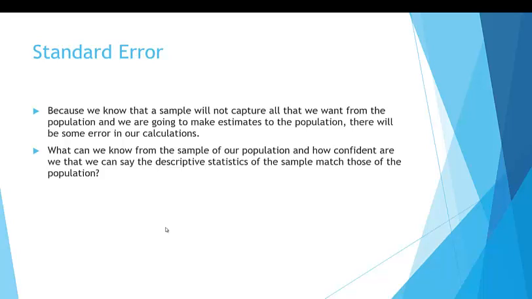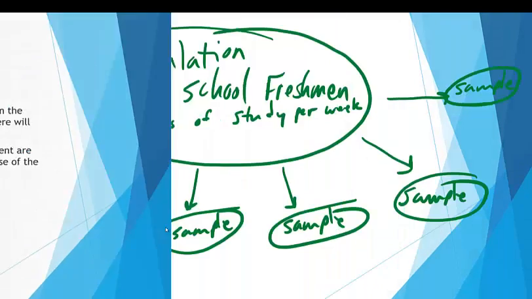Because we know that a sample will not capture all that we want from the population, and we're going to make estimates to our population, there will be some error in our calculations. What can we know from the sample of our population, and how confident are we that we can say the descriptive statistics of the sample match those in the population? In order to answer that, we need to understand the standard error.